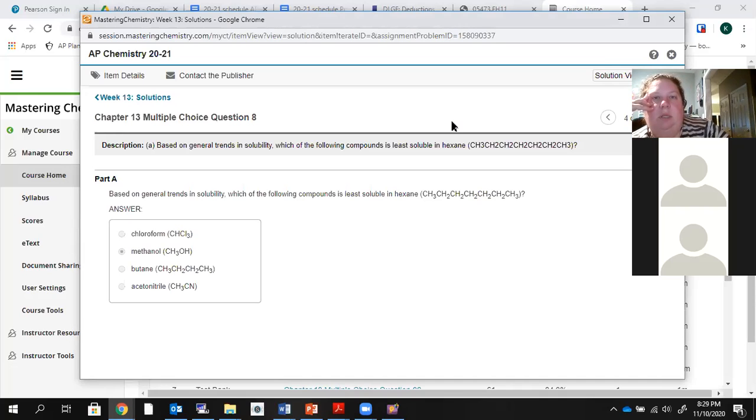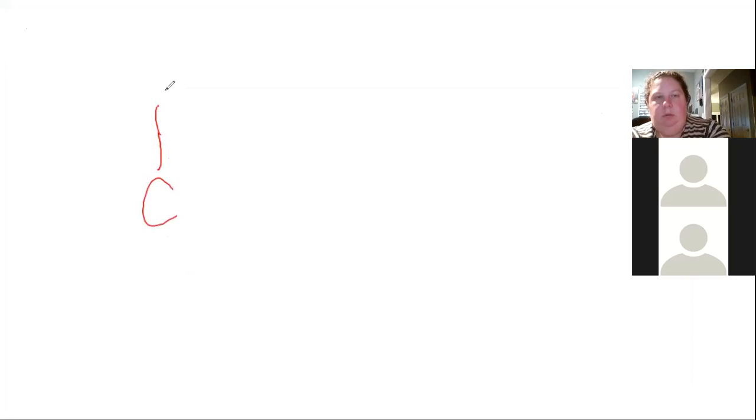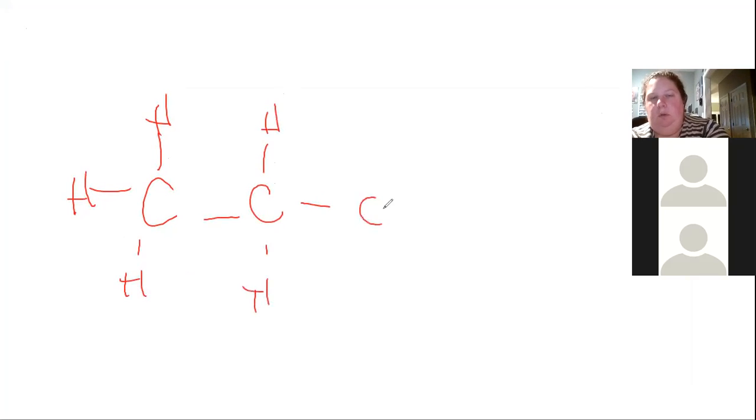It's just going to be carbon with hydrogens on it, and then another carbon with hydrogens on it, and another, and just keep going for however many carbons it's got.